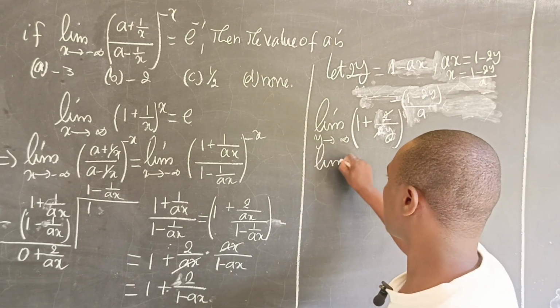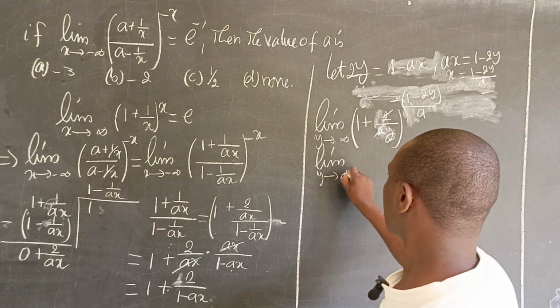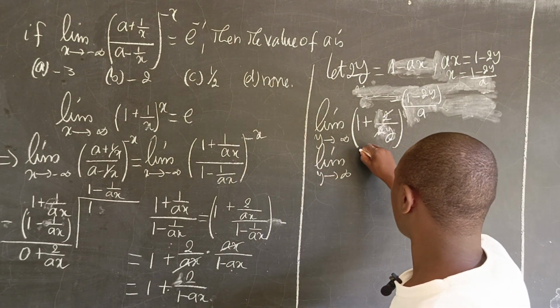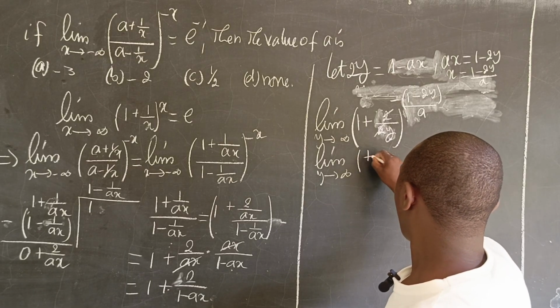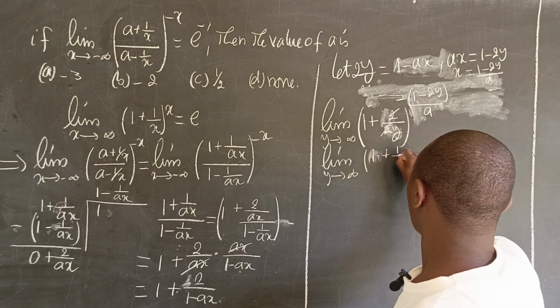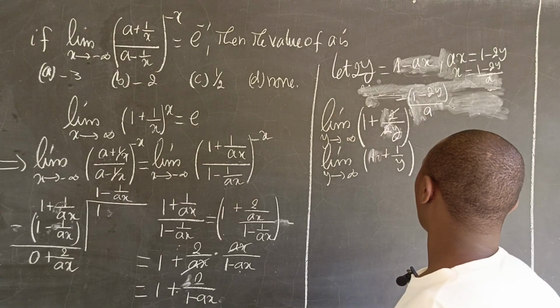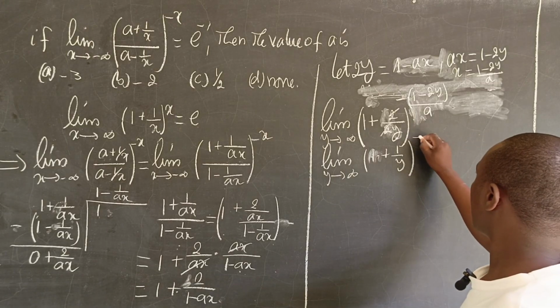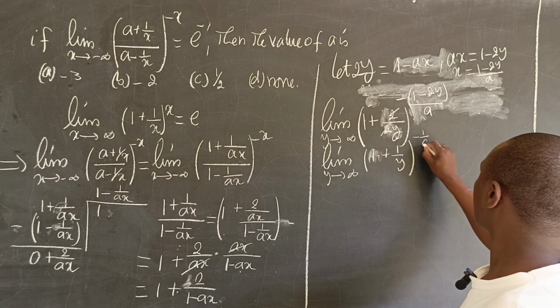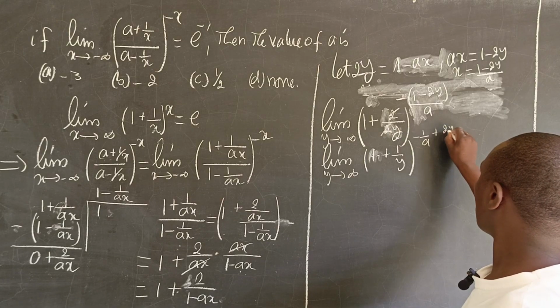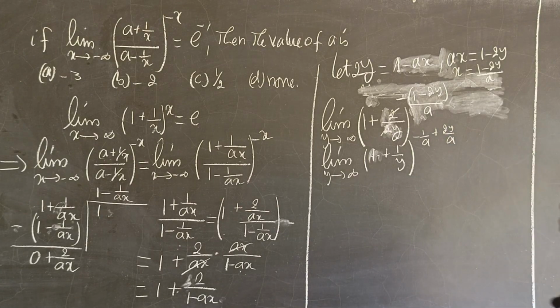We have limit as y approaches infinity of (1 plus 1 over y) power minus 1 over a plus 2y over a.